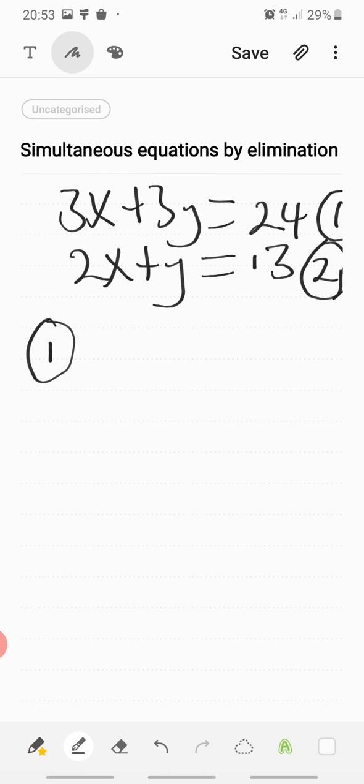So our first equation is 3x plus 3y is equal to 24.